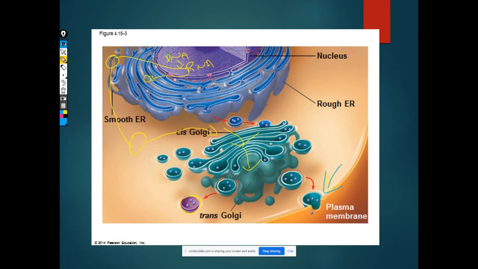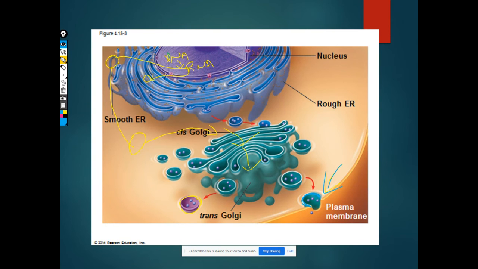For that to happen, I would need to fuse with my plasma membrane. Otherwise, I'm going to end up with a weird hole in my plasma membrane. I'd have to punch a hole, open it up with like a knife. We don't want holes in our plasma membrane.